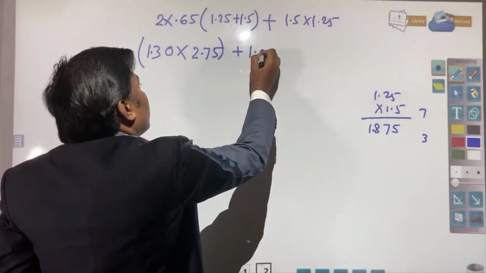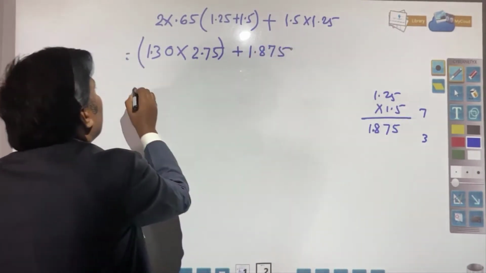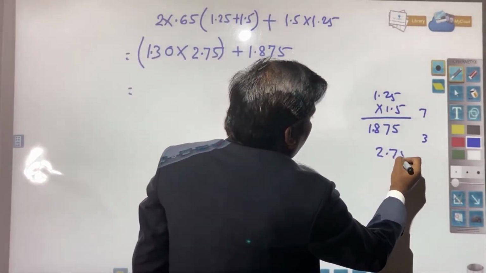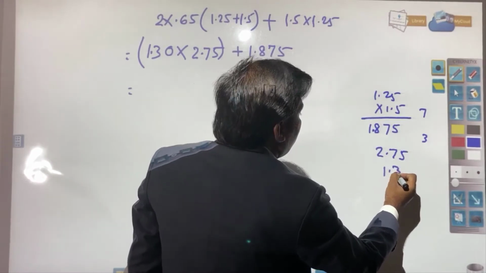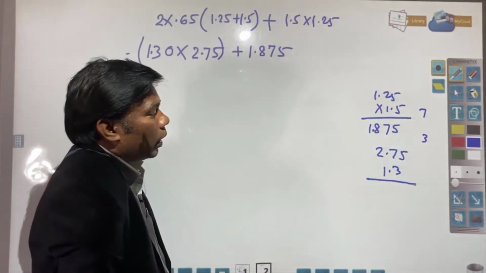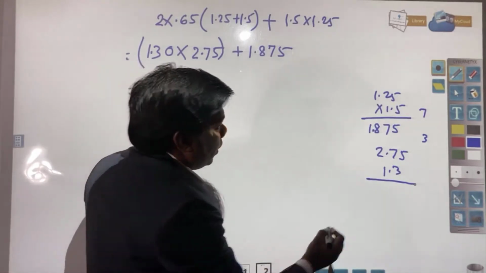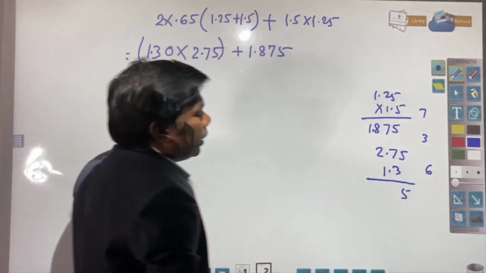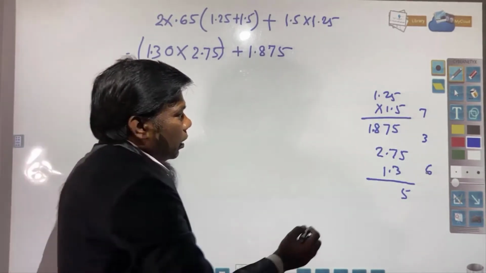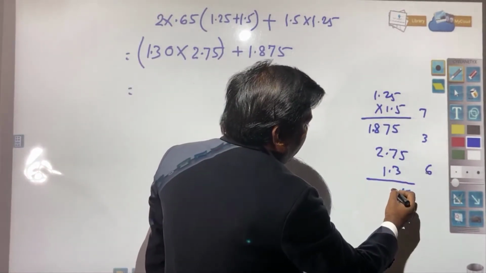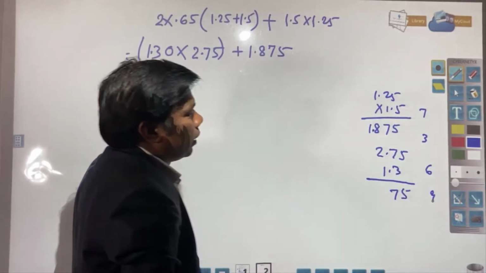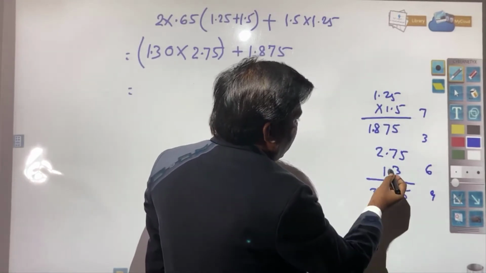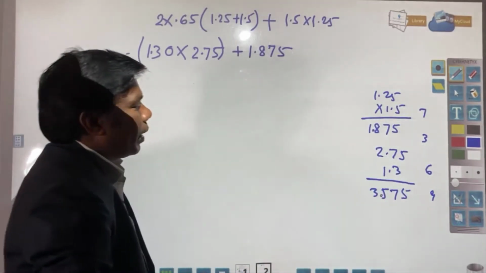So this will be 1.875. Here you need to multiply this 2.75 into 1.3. So 13 5 65, and 13 7 91 and 6 97. 9 we will have, 13 2 26 and 9 35. And your decimal will be over here: 3.575.